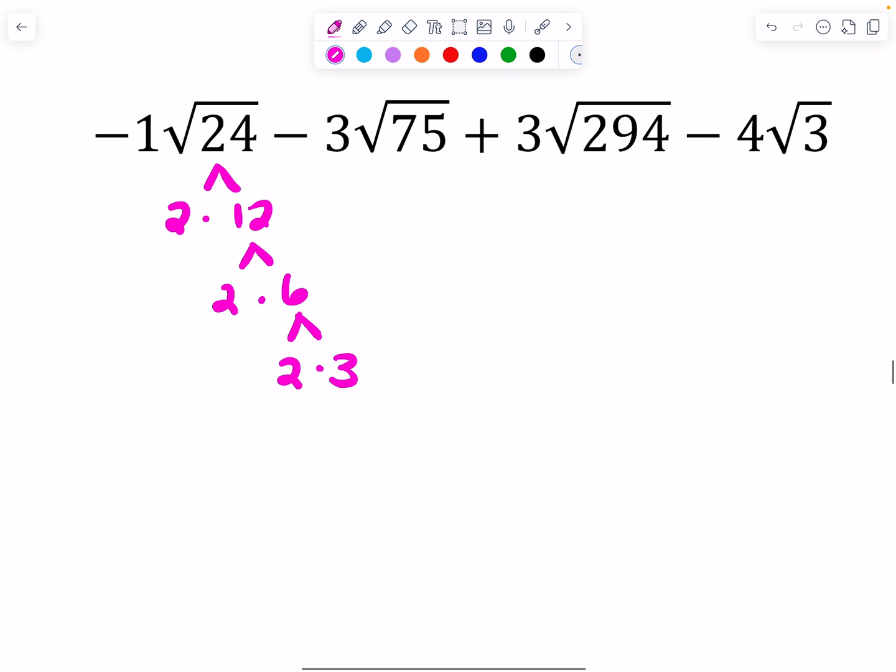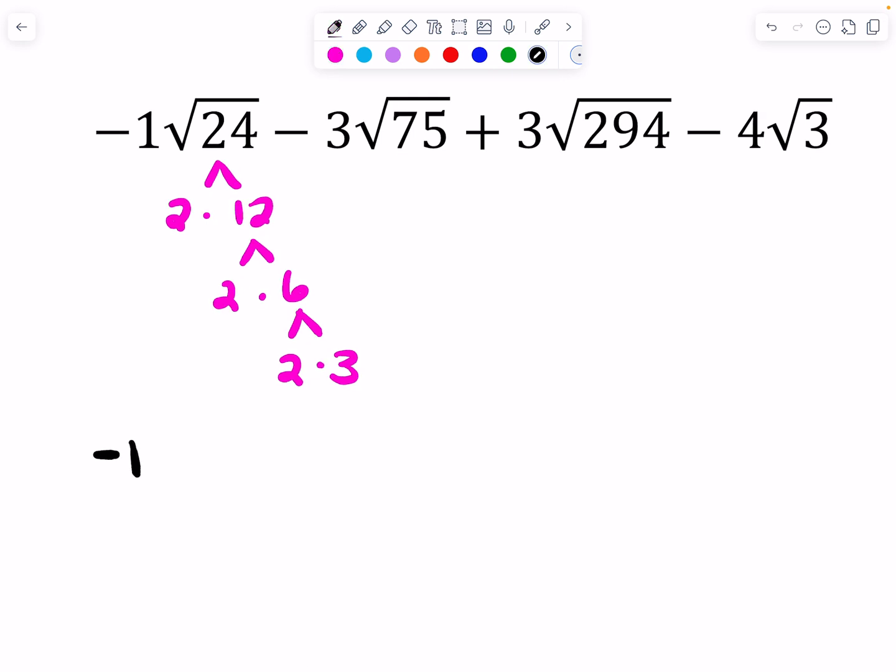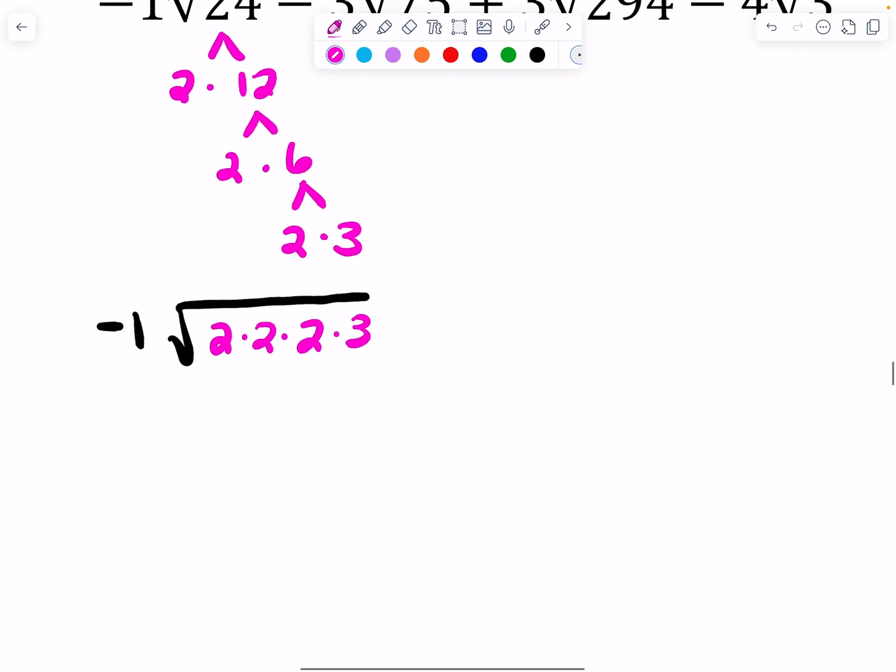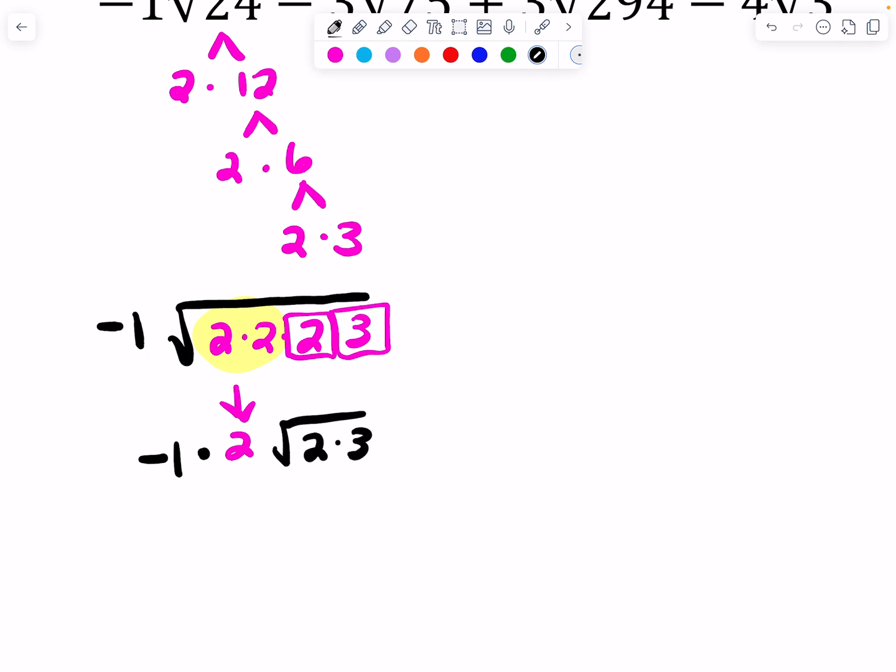So that's going to give us negative 1 square root of 2 times 2 times 2 times 3. So we have 2 2's, so that shows us a 2 comes out. We've got 1 2 and 1 3 by itself. So now we have negative 1 times 2 with the square root of 2 times 3 underneath.